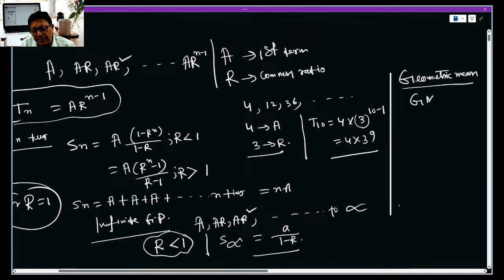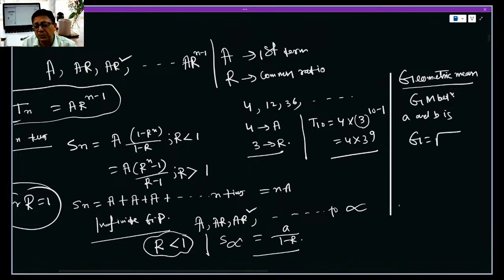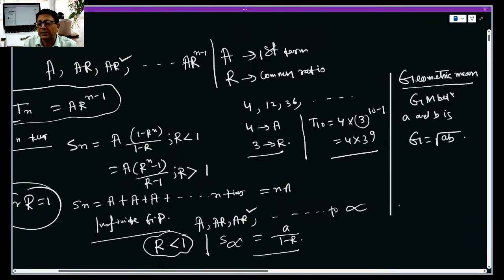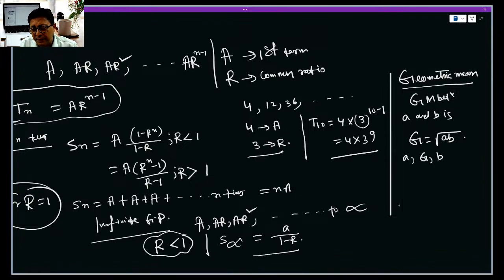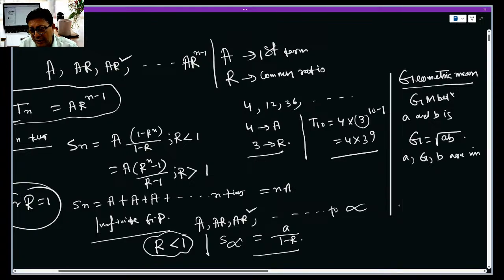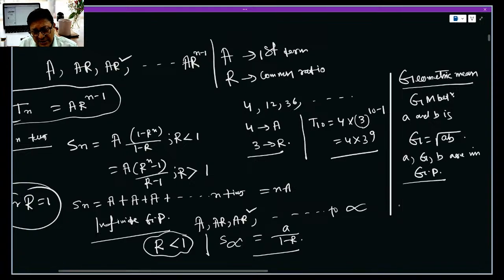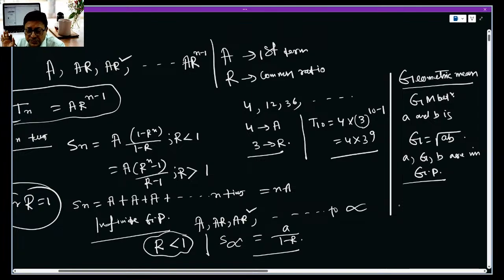Geometric mean or GM between A and B is defined as G equal to root AB. Okay? Obviously this A, G, B are in GP, isn't it? Because G by A and B by G, they will carry the same ratio. So G equal to root over AB is the geometric mean between A and B.